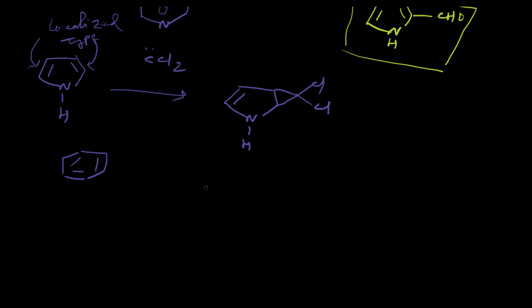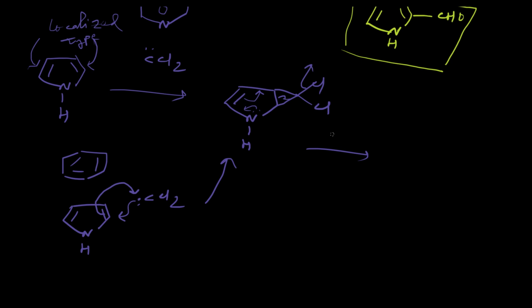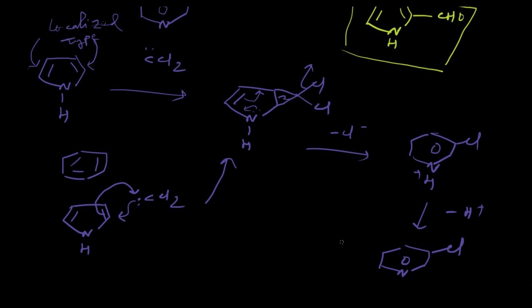So what is the cyclopropanation mechanism? This lone pair attacks this carbon center and the double bond attacks the dichlorocarbene carbon center to generate this cyclopropane derivative, which then undergoes an intramolecular rearrangement and a chloride ion leaves from the system to generate this protonated 3-chloropyridine, which eventually loses a proton to generate this ultimate product.